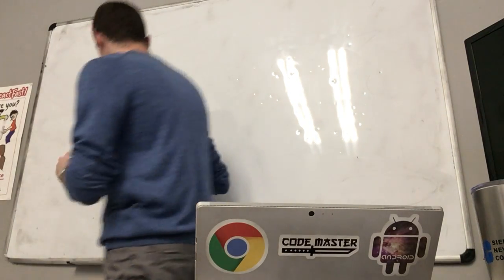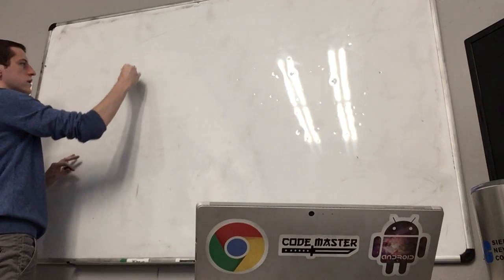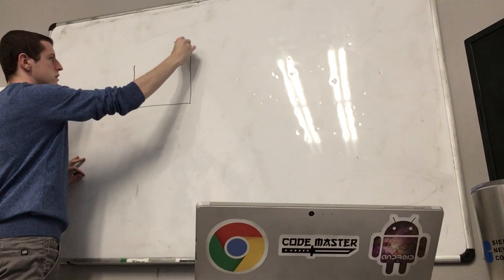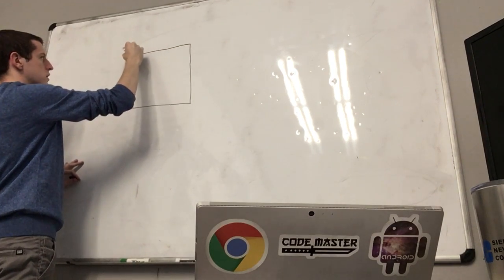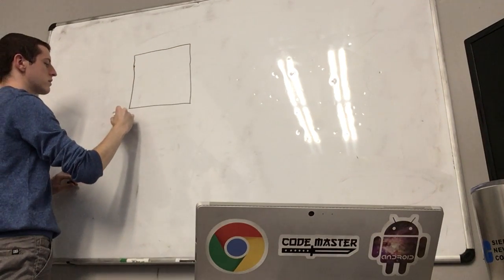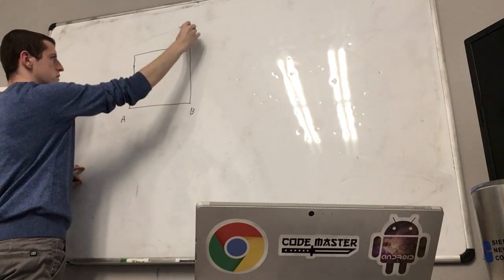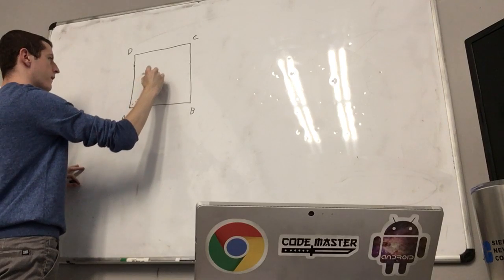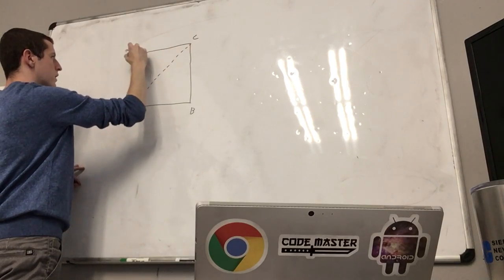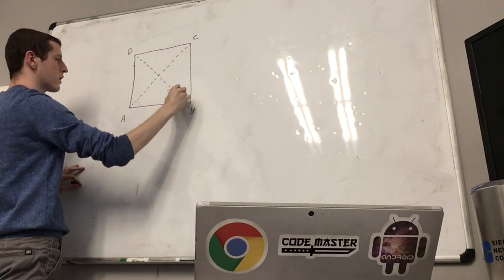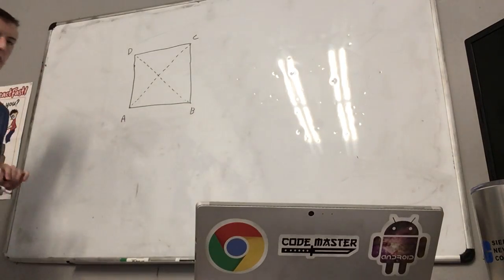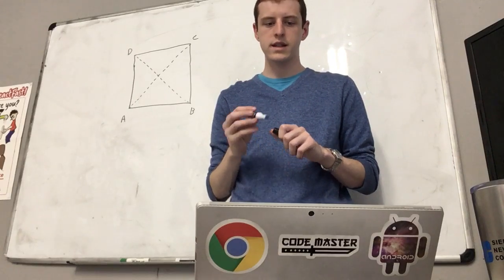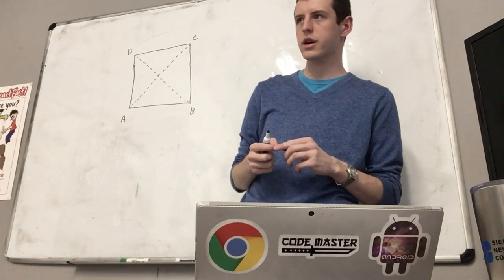So we're going to prove that the diagonals of a rectangle are congruent. Okay, so proving that the diagonals of a rectangle are congruent.